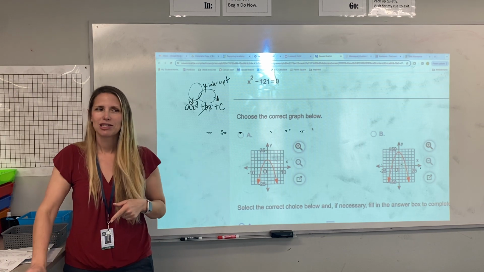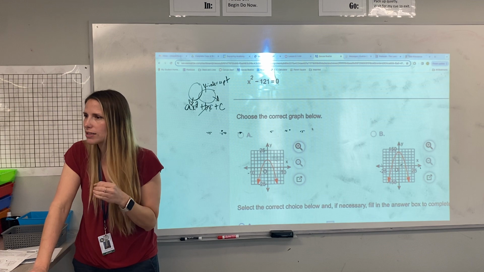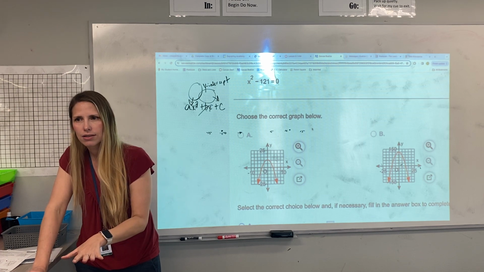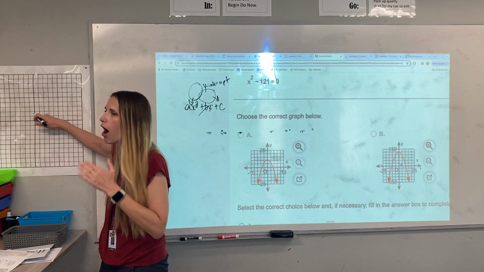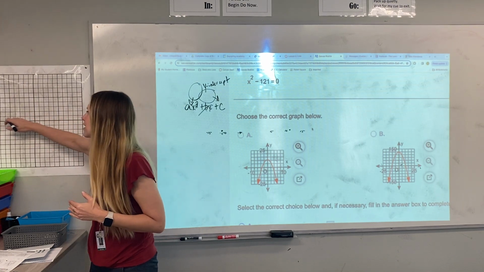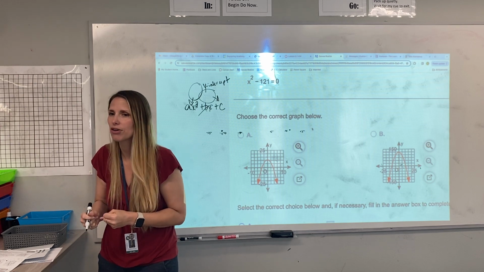When we're looking for solutions, we always need the y value to be 0 because it has to be on the x-axis.